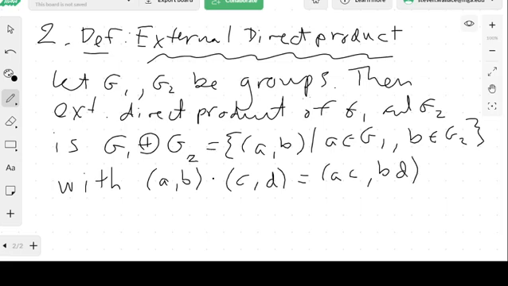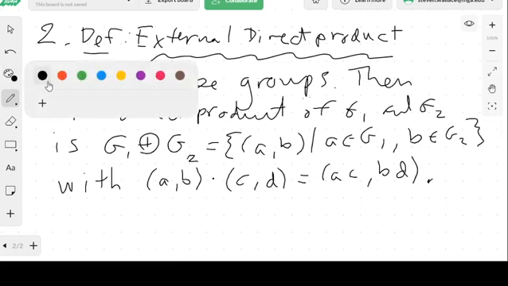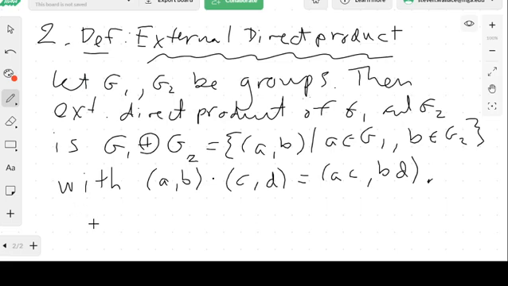Okay, so we've got component-wise multiplication. And I don't think that we need to worry too much about whether this satisfies the group axioms, but it does.